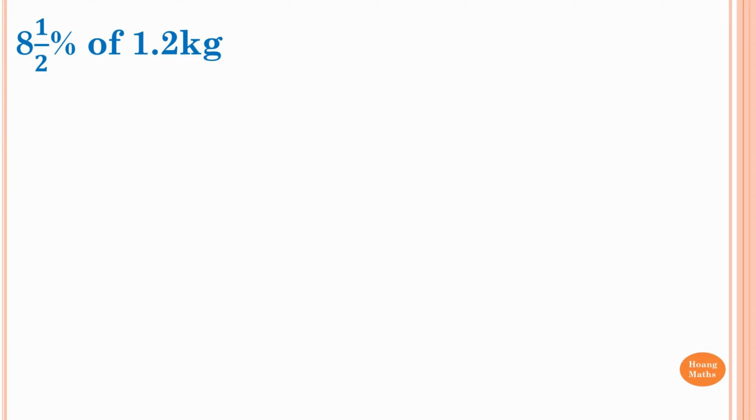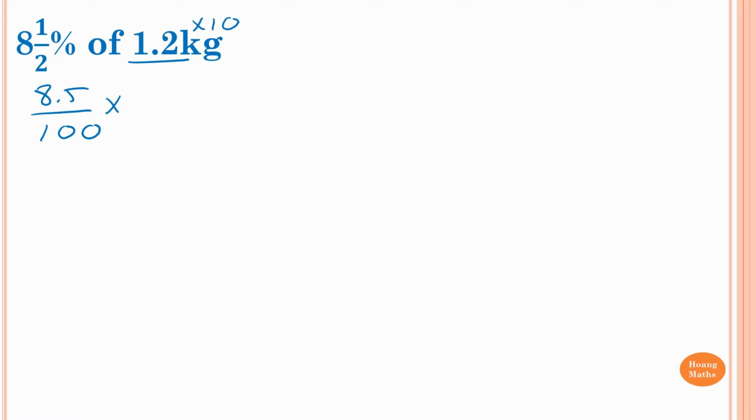Eight and a half % of 1.2 kilograms. So 8.5%, you can just write 8.5 if you like, per 100. Now because it's 1.2 kilograms, if you write 1.2 it's much harder. So what we can do, we can convert 1.2 kilograms to grams.